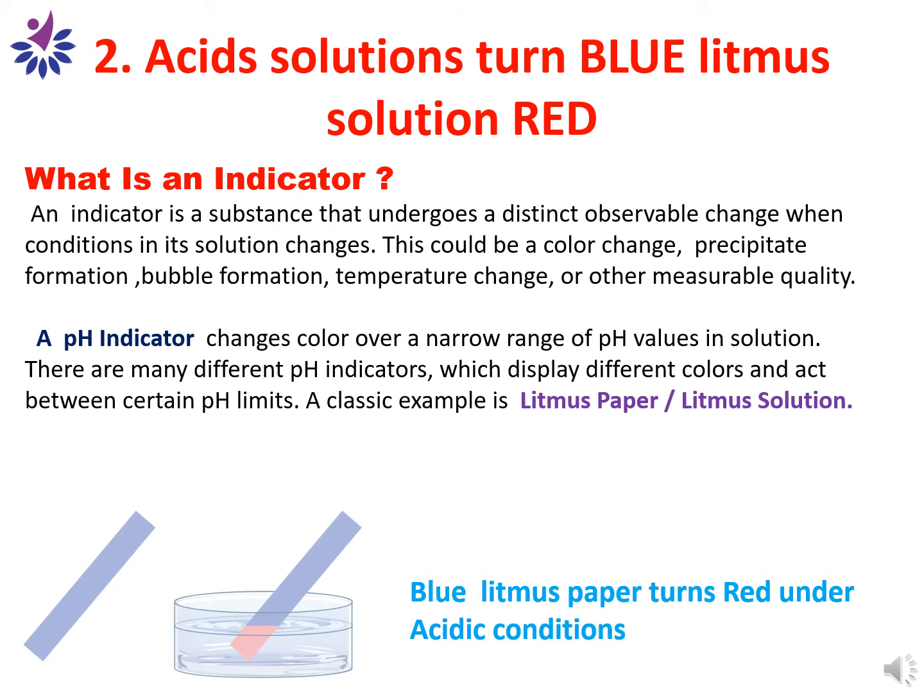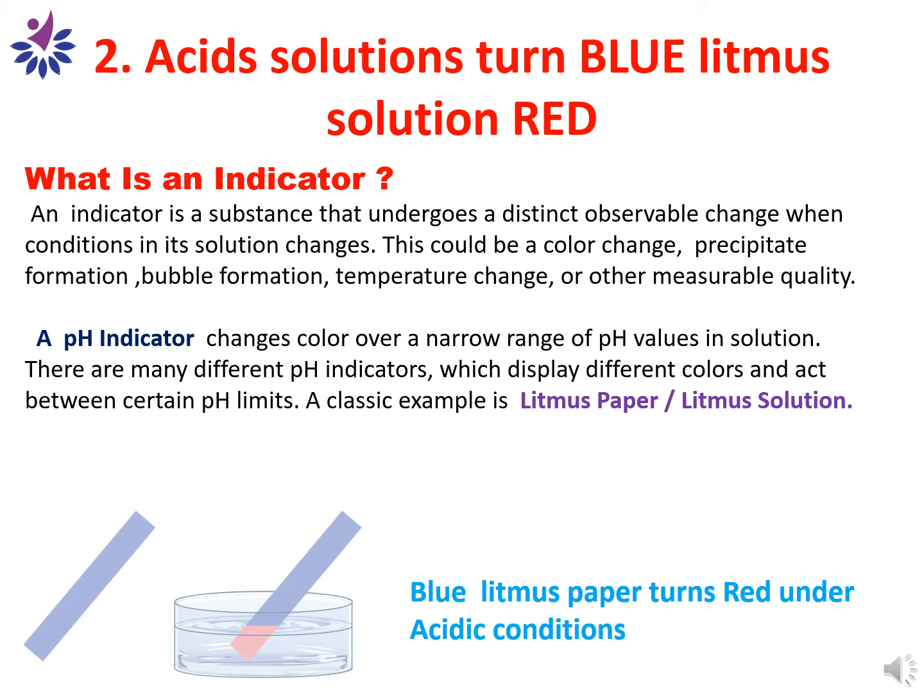There is a type of indicator, and that is the pH indicator. A pH indicator changes color over a narrow range of pH values in solution. There are many different pH indicators which display different colors and act between certain pH limits. A classic example is litmus paper or litmus solution.